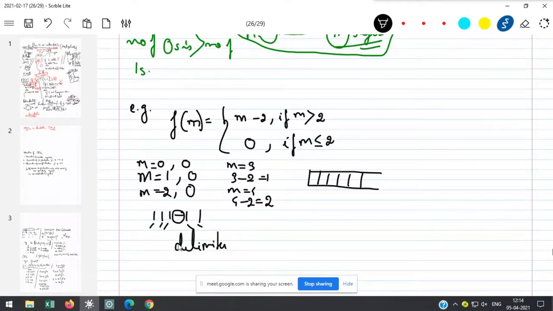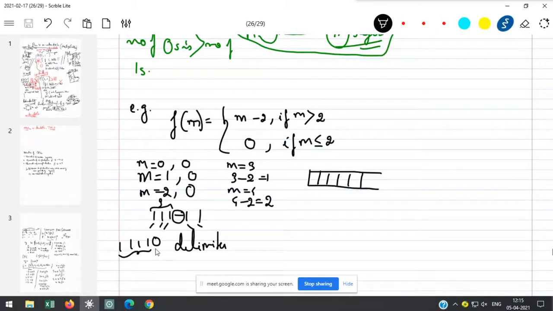What is the purpose of using a delimiter? For example, this is the input 3, and I represent it here. Again, if I want to represent 4, then 1, 2, 3, 4, and then if I insert 0, this is a number I'm representing here. So the delimiter signifies that from the beginning till this part, I'm representing a number. It's not that a delimiter has to be used only for numbers alone. It's up to you.